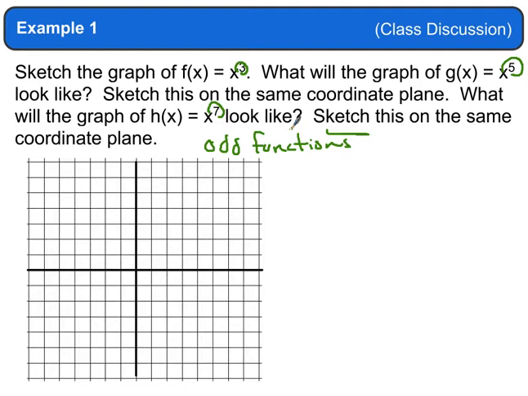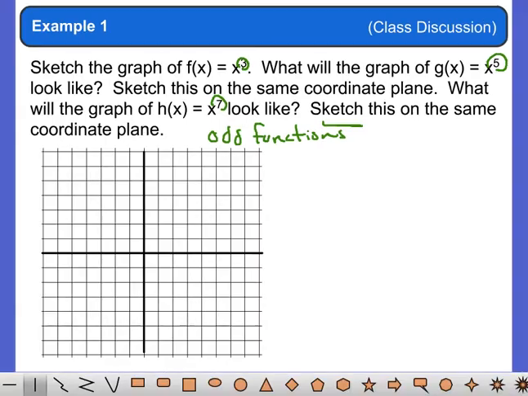So if we did x to the third, x to the fifth, and then x to the seventh, we'll draw a little table. Tables of values are nice. So there's one table.